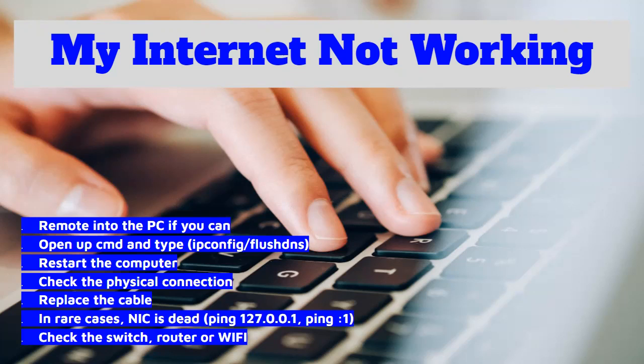We'll try to restart the computer and check the physical connections, which is the internet cable, and we'll try to replace the cable. In a rare case, we will check if the IP responds to ping through the CMD command. We'll check the switch, router, and Wi-Fi.